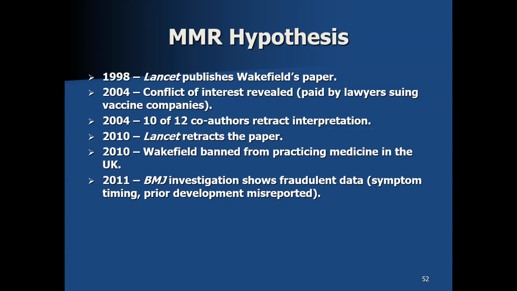Although the paper itself did not claim causation, Wakefield publicly suggested MMR caused autistic enterocolitis and recommended single antigen vaccines. He did not say don't get a vaccine, he said don't get the combined MMR vaccine.